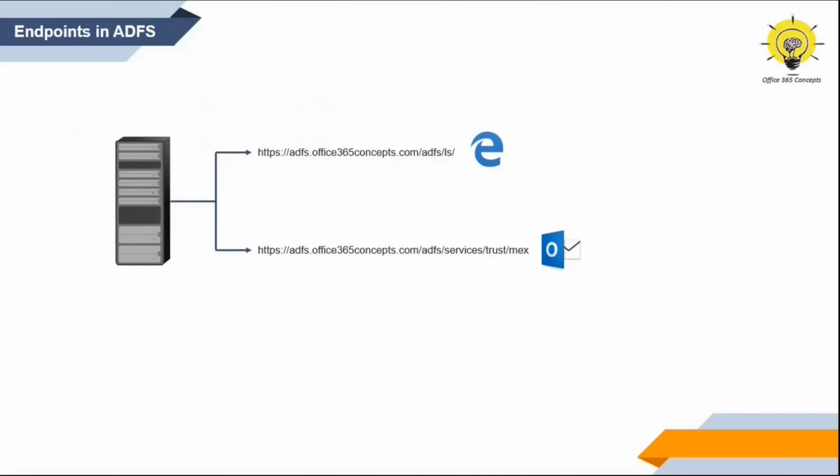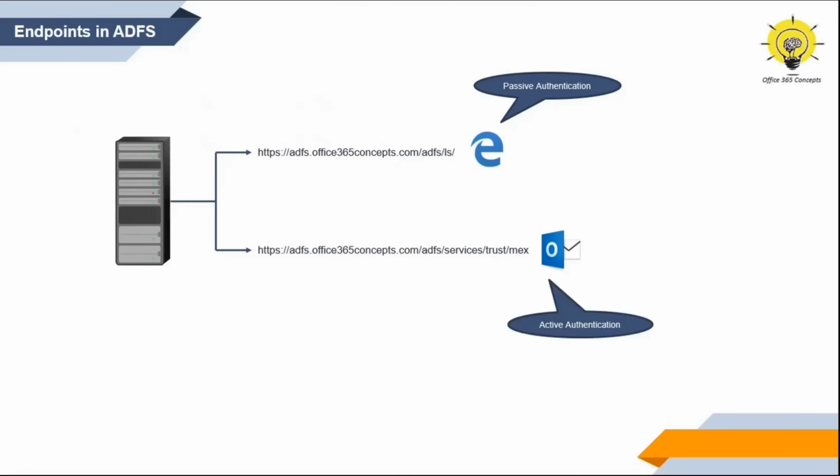When a user tries to access a web-based application, this type of authentication is called passive authentication, and this type of authentication request is received by the /adfs/ls endpoint. And when a user tries to access an Outlook application, that type of authentication is called active authentication.